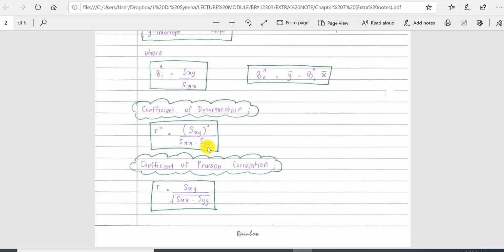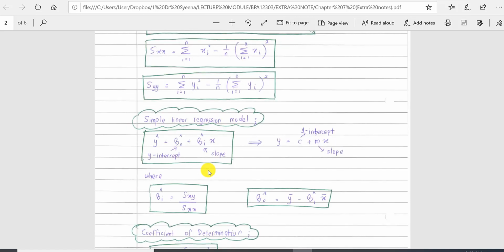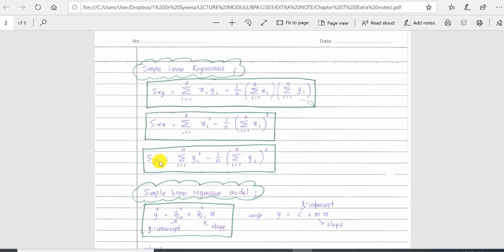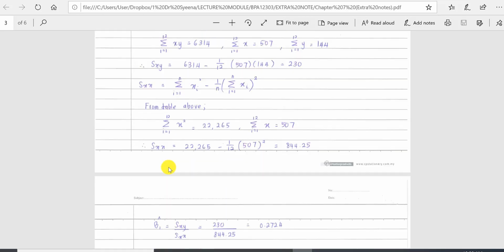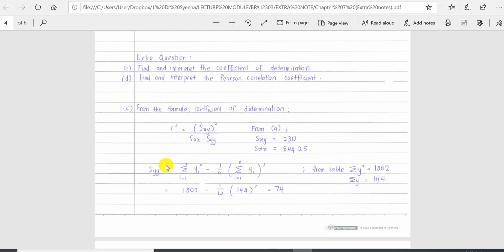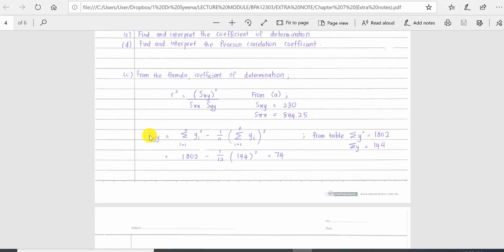Now how to get the value of Syy? From the formula, the Syy is equal to the formula of Sxx, but we change the x to y. So this is the formula of Syy. So now let's calculate the Syy. Syy is the summation of y square minus 1 over n, the summation of y, then you must square.